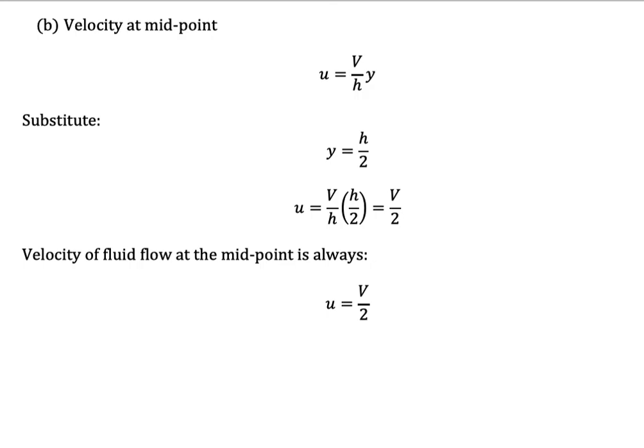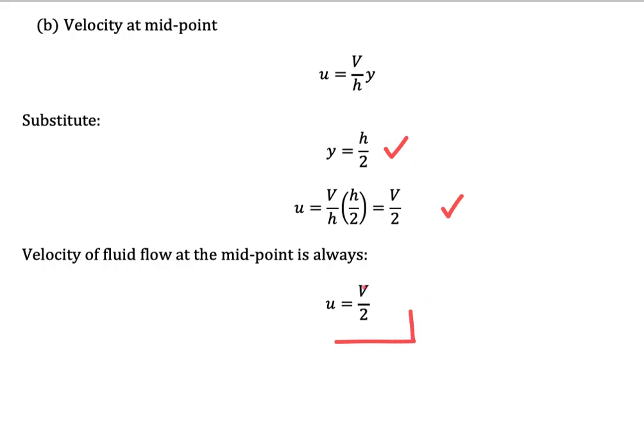And then the question asks about the velocity at the midpoint. We know that the midpoint is y equal to h over 2. So we substitute, and we find that the velocity at the midpoint is V over 2. So we could say that at all times, the velocity at the midpoint, at the center line, is V over 2.